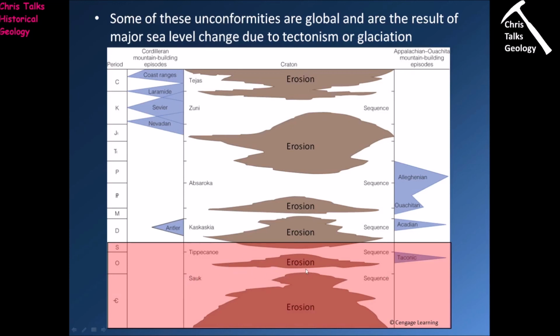Then we have another period where we have a regression, the continent gets exposed again, and then we have another transgression, the continent starts getting covered over, and this is going to result in the formation of the Tippecanoe sequence.